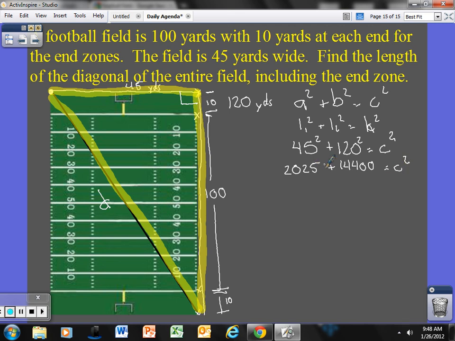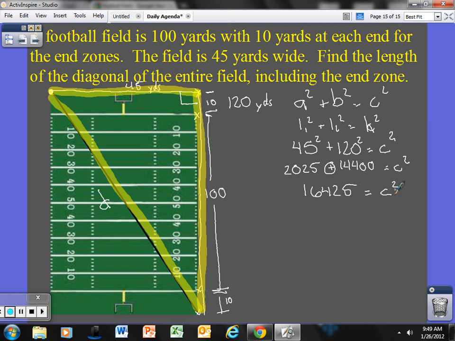Well, I have an operation to do over here. I must simplify, so I have to add this. 2025 plus 14,400 gives me 16,425. That's going to be equal to my hypotenuse squared.